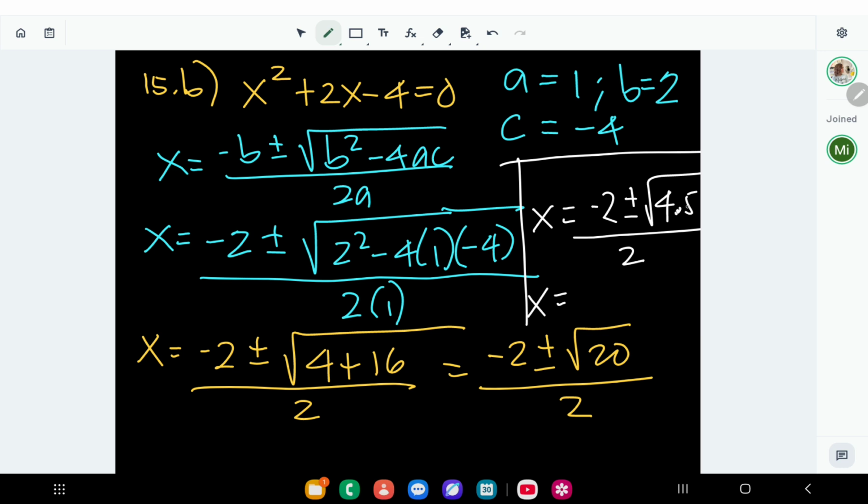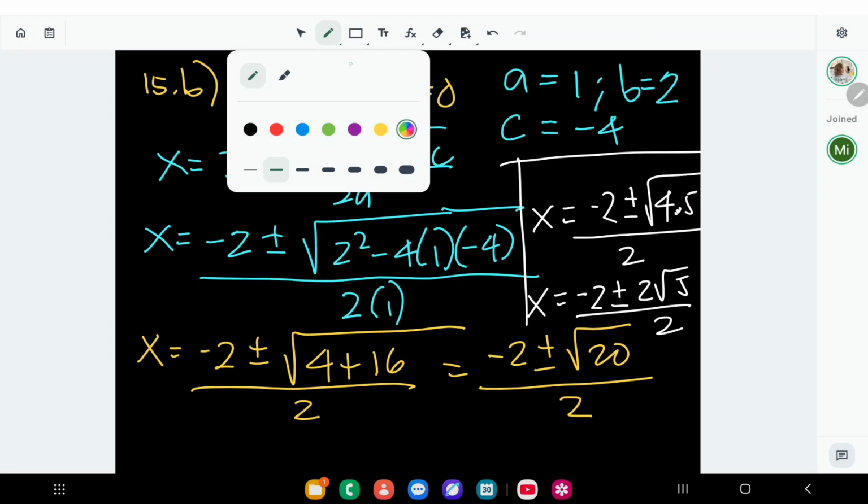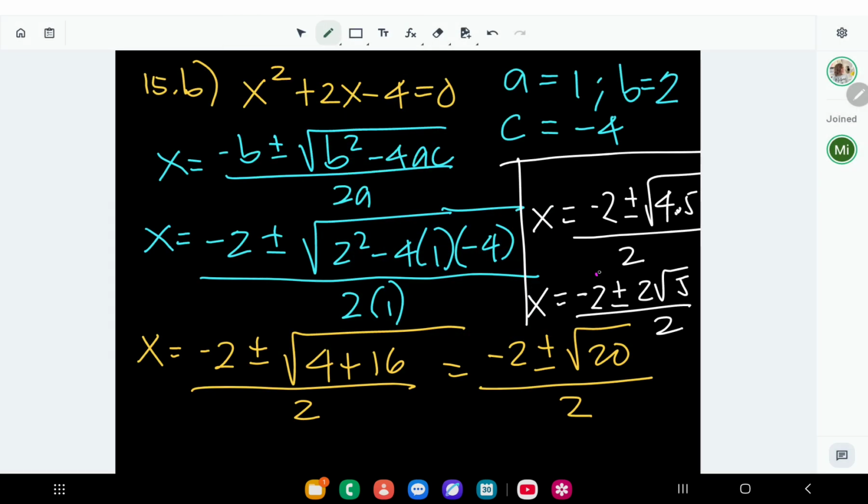Then 4 is a perfect square, so the square root of 4 is 2. So we can put 2 outside the radical. So this is negative 2 plus minus 2 square root of 5 over 2. And then we divide by 2. So this becomes 1, 1, 1. Therefore, x is just negative 1 plus minus square root of 5. So this is the value of x. You got it?